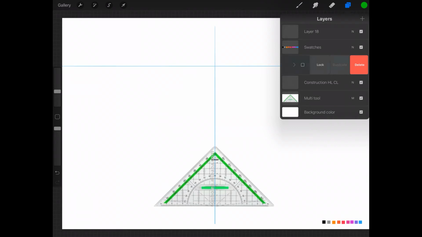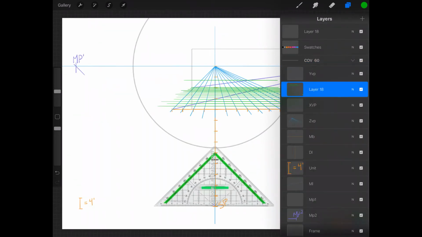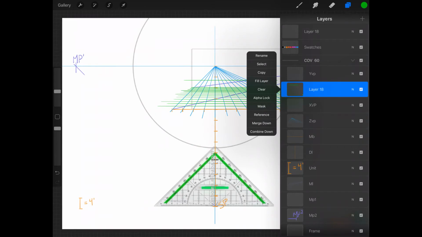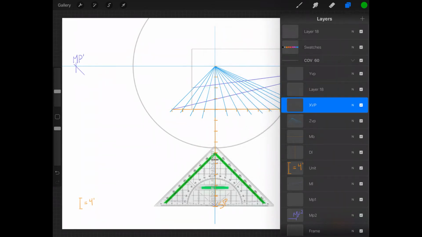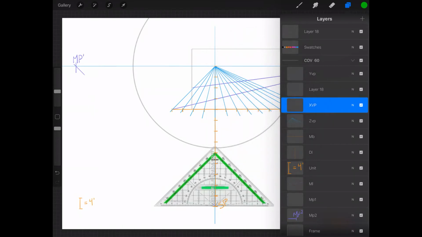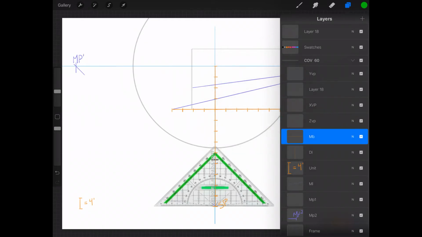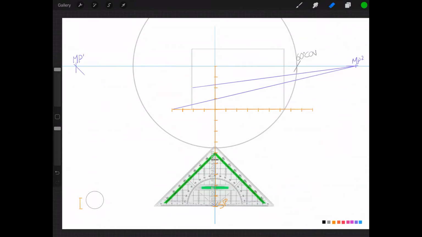All right, so now that that grid is done, I'm copying it, and then I'm going to clear all of the junk out of all of these layers that are using the units the way that they were with the 60-degree cone of vision, and we're going to recreate this whole scenario using the same exact units in 2D scale, but we're going to change them.